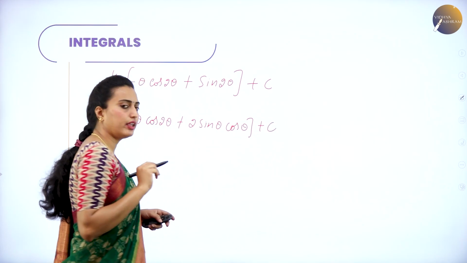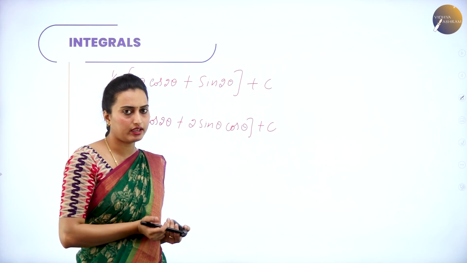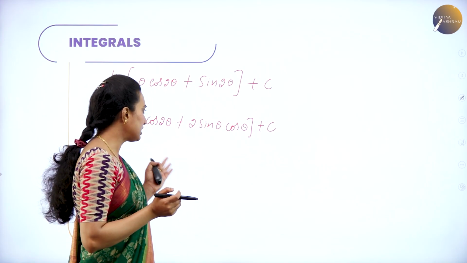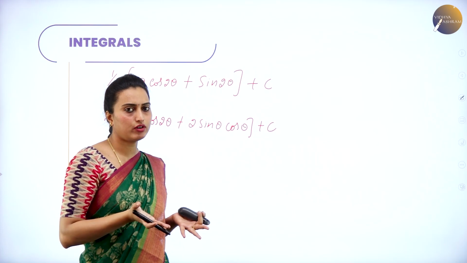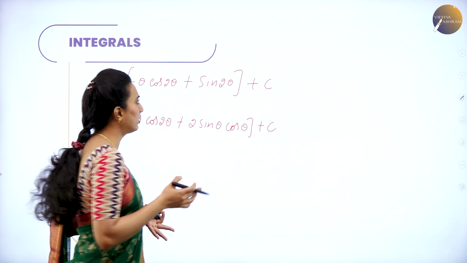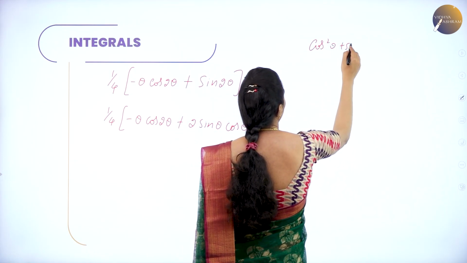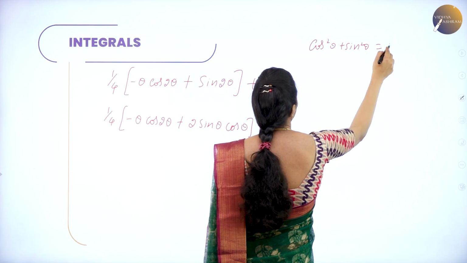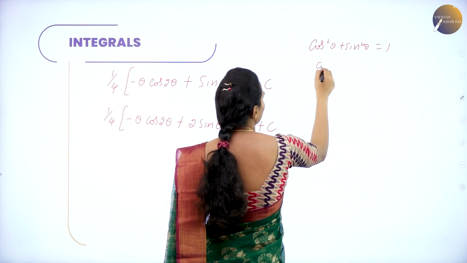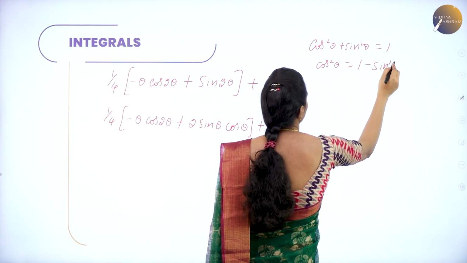Right? Now again you can substitute theta is nothing but sine inverse x. So here sine of sine inverse x, and cos theta can be written in terms of sine theta. See here, cos squared theta plus sine squared theta is equal to 1. So cos squared theta can be written as 1 minus sine squared theta, isn't it?